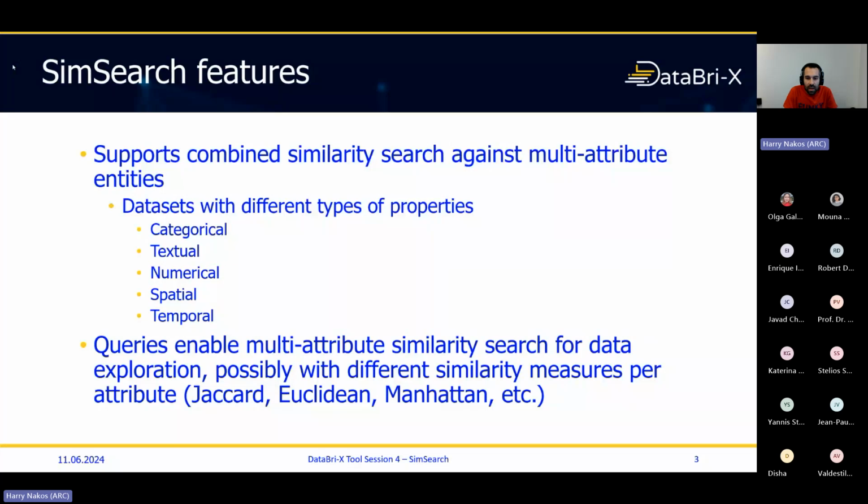Queries use different similarity measures per attribute, specifically Jaccard distance for categorical data, Euclidean for numerical, and Manhattan for spatial.